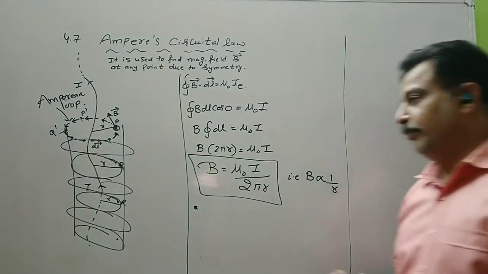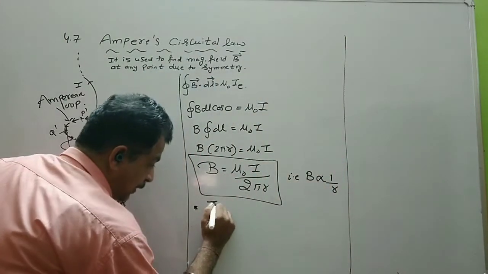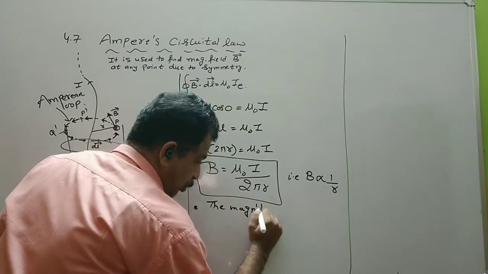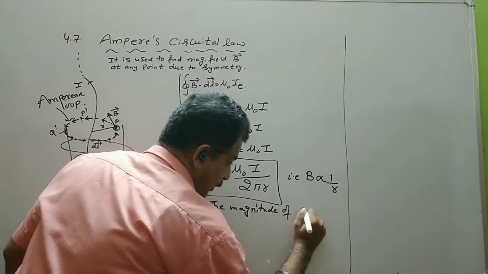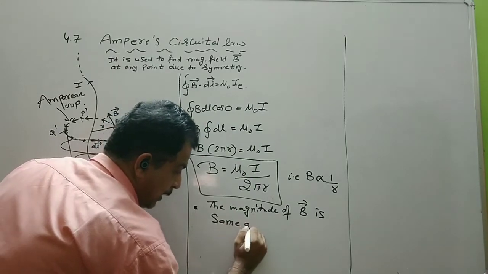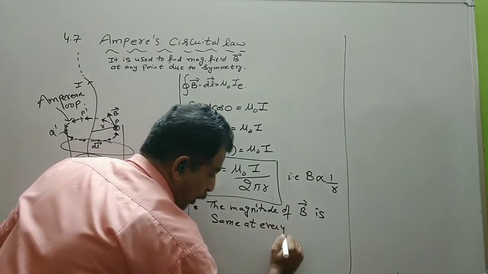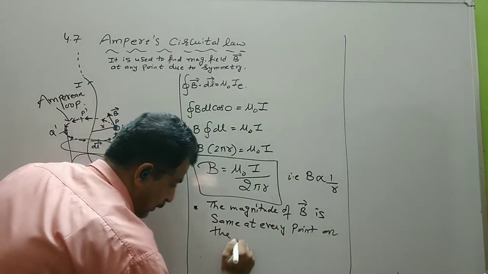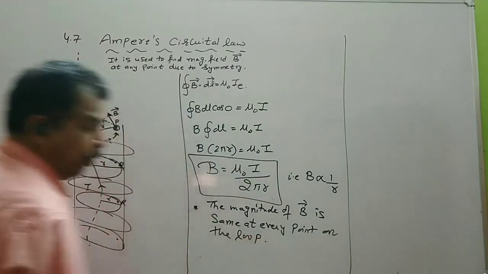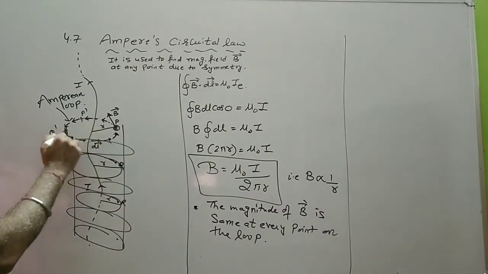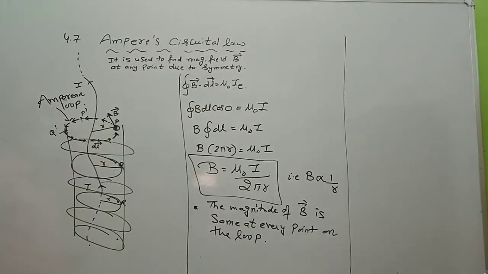So one important point is the magnitude of the B vector is the same at every point on the loop. So the magnetic field intensity at any point on this loop is the same.